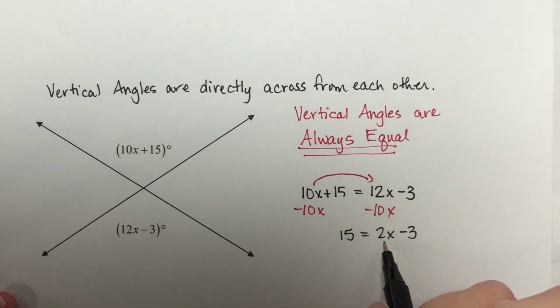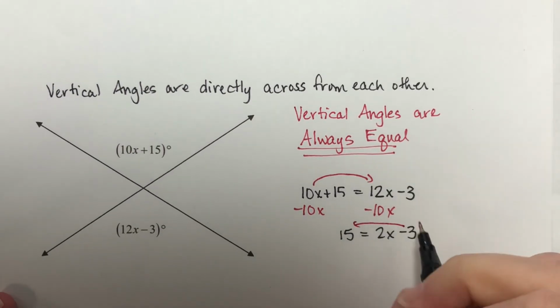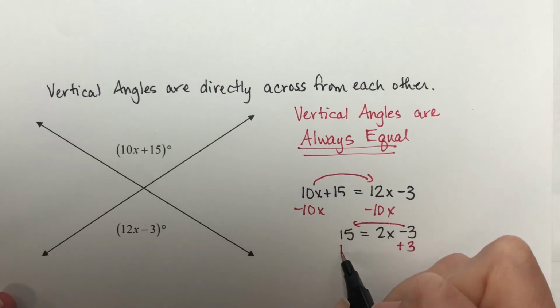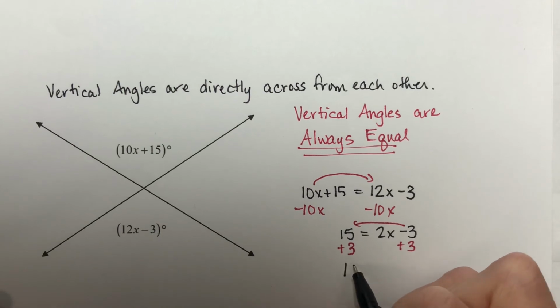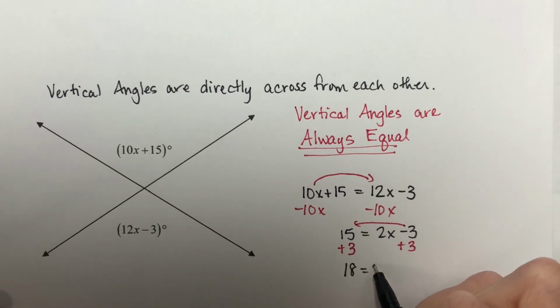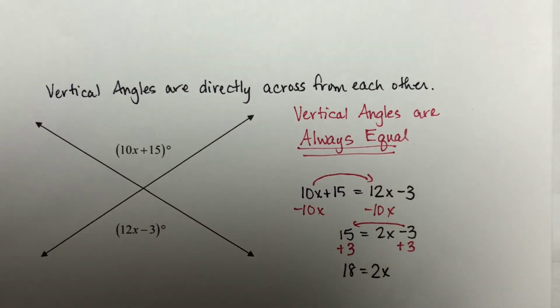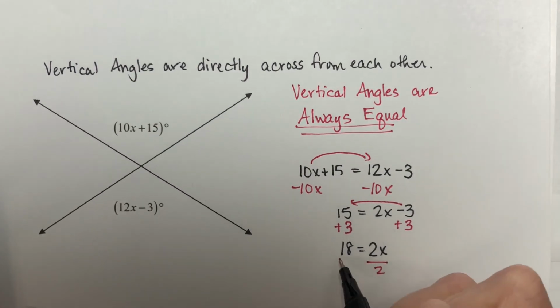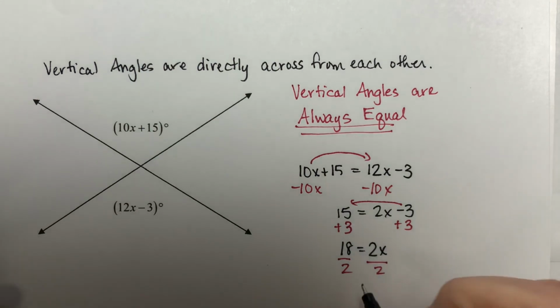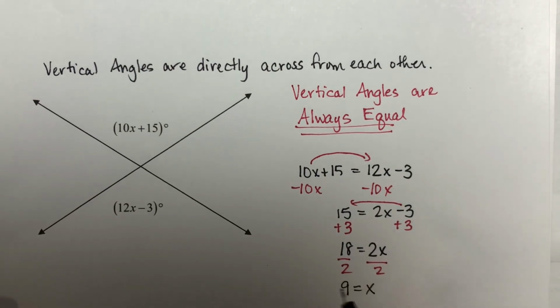Now I need to get this 3 away from the 2x, so I'm going to add 3 to both sides. And I get 18 is equal to 2x. Now let's divide both sides by 2. And I get 9 equals x.